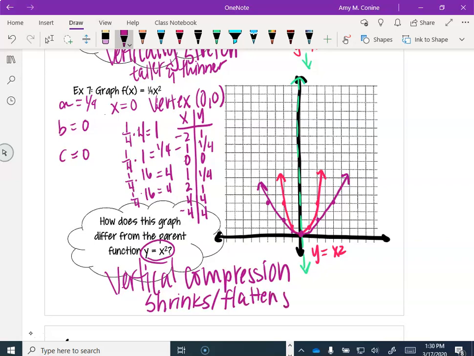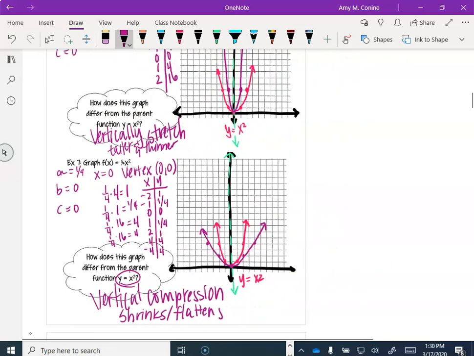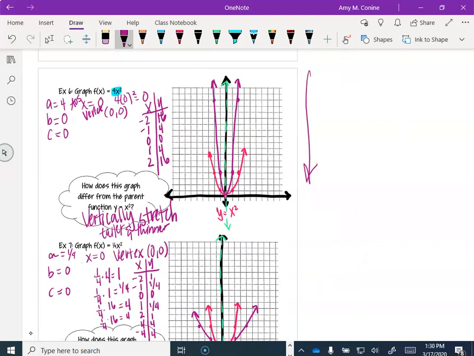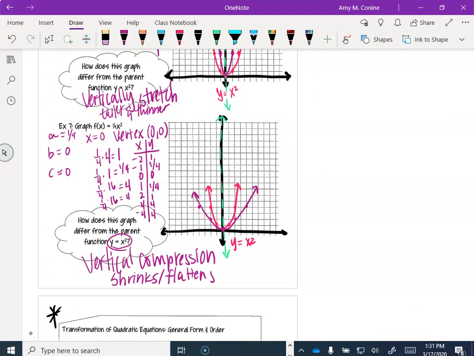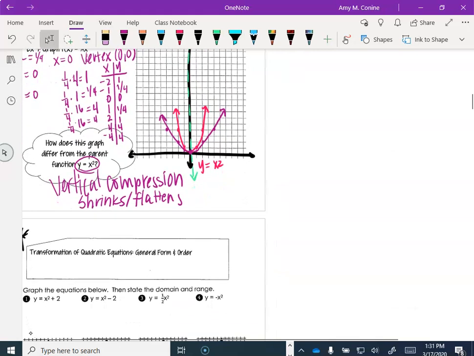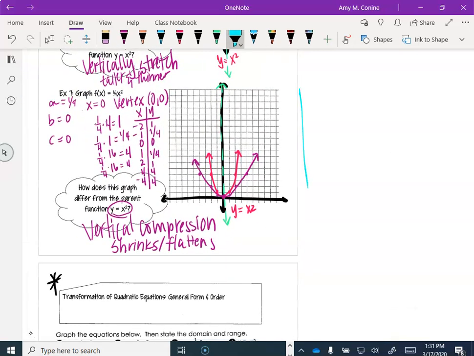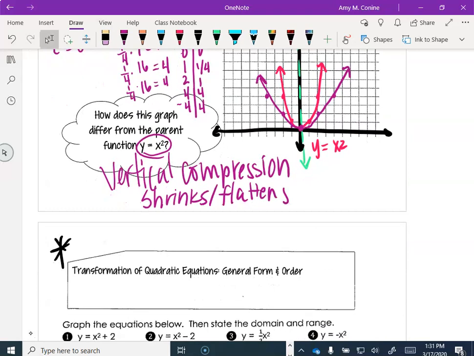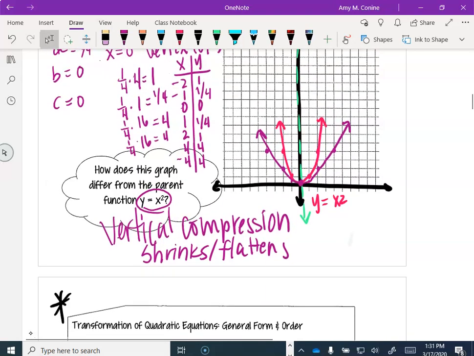You're pushing it down compared to the pulling and the stretching of this one, how it's pulling up and smashing it in. Down here, you're pushing it down so it's spreading out, kind of like when you smush dough or, you know, smash something against a flat surface. So that's what that one's going to look like.